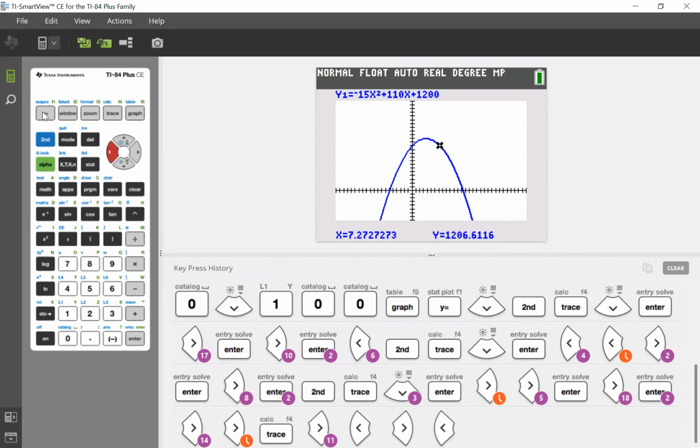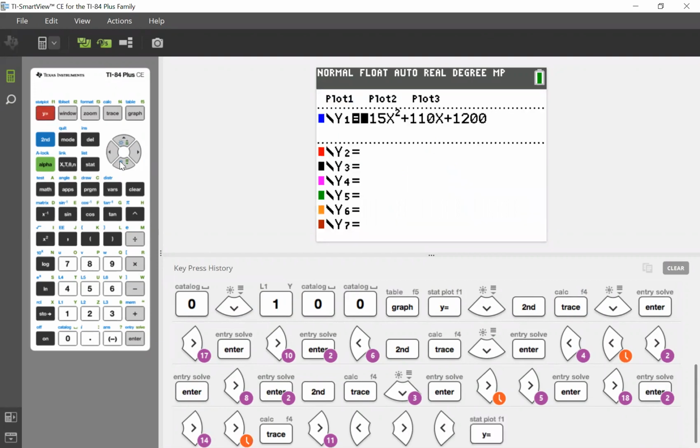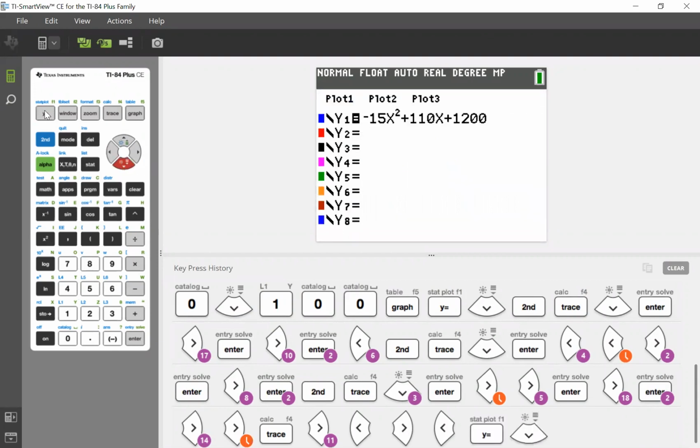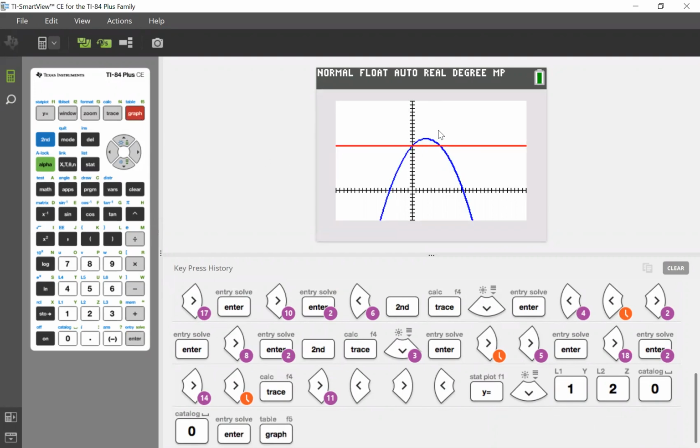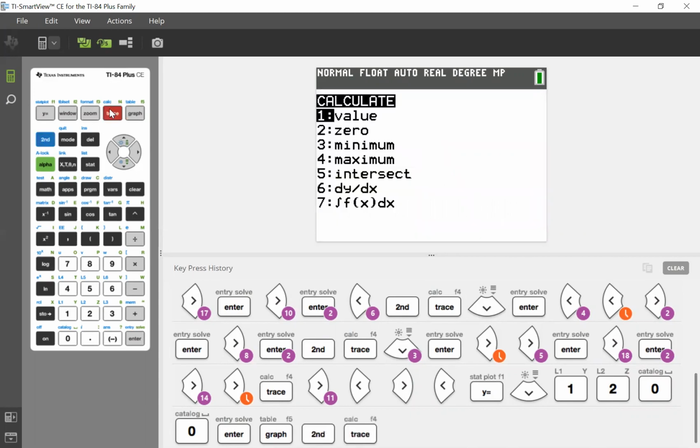So a trick to find intersections, or for systems of equations, is this. I just went to my y equals button. You can watch it again if you need to. And click 1200, and now you have a spot where this graph's crossing. So check this out, and then we'll end the video. Second, calculate.